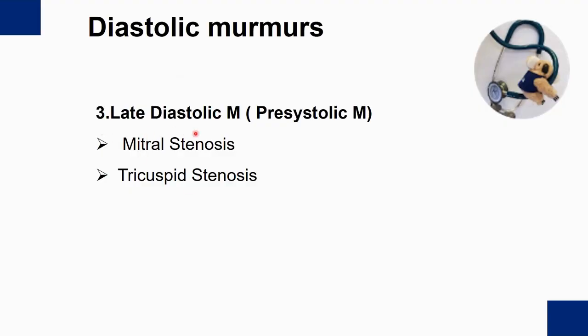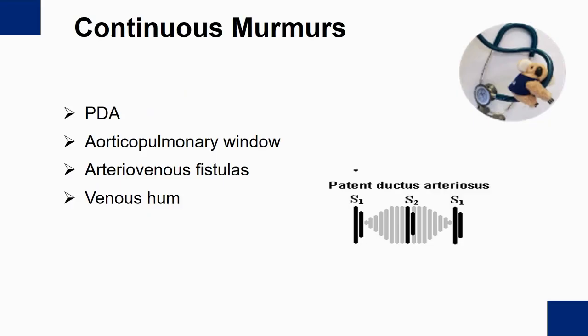Then comes the late diastolic murmur. Examples: you can hear this in mitral stenosis and tricuspid stenosis. Next murmur is continuous murmur. Continuous murmur is heard throughout the systole and diastole, starting from S1 and ending at the next S1.